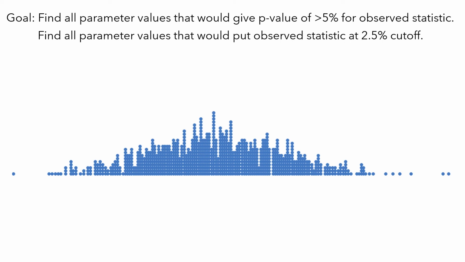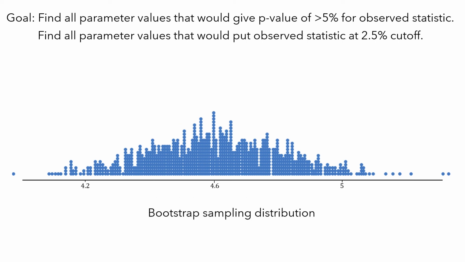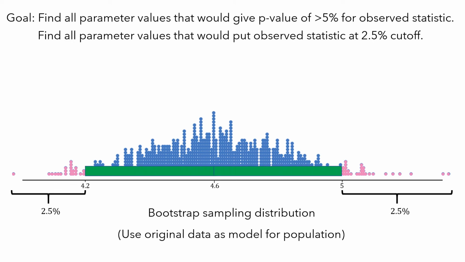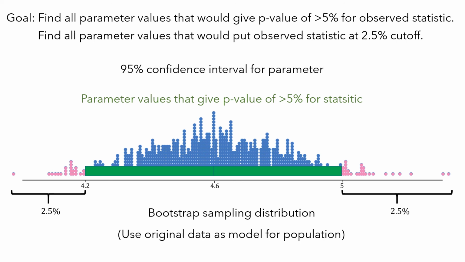Using the fact that all of the sampling distributions would have the same shape and spread, we could use what's called a bootstrap sampling distribution, which is where we use the original data as a model for the population, and then look at the upper and lower 2.5% of the simulated statistics. And all of the values between these cutoffs would be parameter values that would give a p-value of greater than 5% for the observed statistic. In other words, a 95% confidence interval for the parameter.